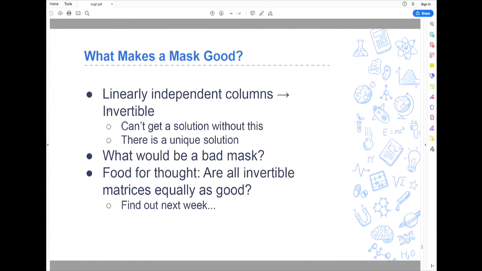And to be able to understand how to construct these good H's or these better H's, we now know that H being invertible is something that we want. But it turns out that even among the invertible H's, there are some that we prefer and some that we don't prefer. And the next few lectures are going to think about investigating this.